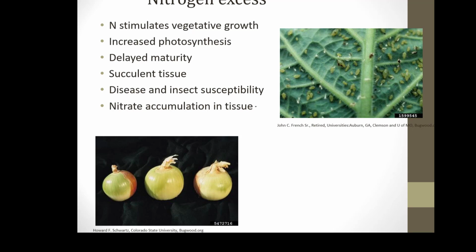So nitrogen will stimulate vegetative growth, and what that'll do is just increase soft tissue for insects. It'll increase photosynthesis, it'll delay maturity. As I said, succulent tissue that insects such as aphids are going to really enjoy, and then nitrate accumulation in the tissue, which is not a good idea.